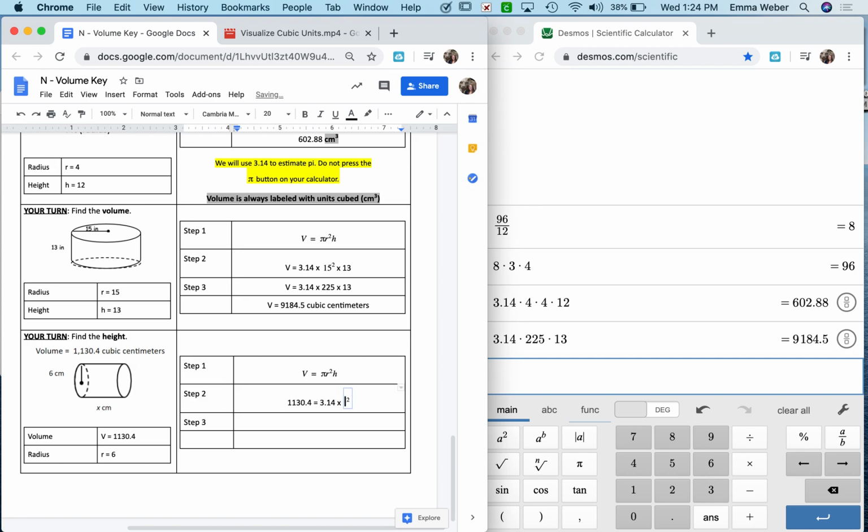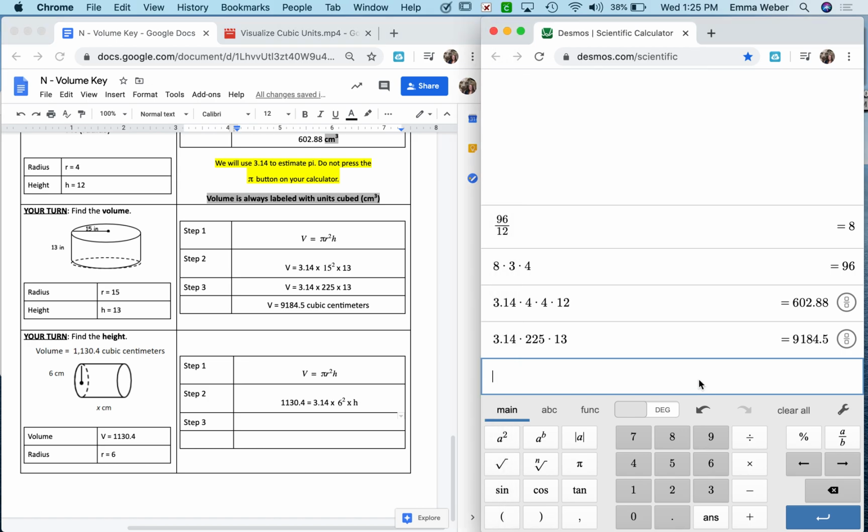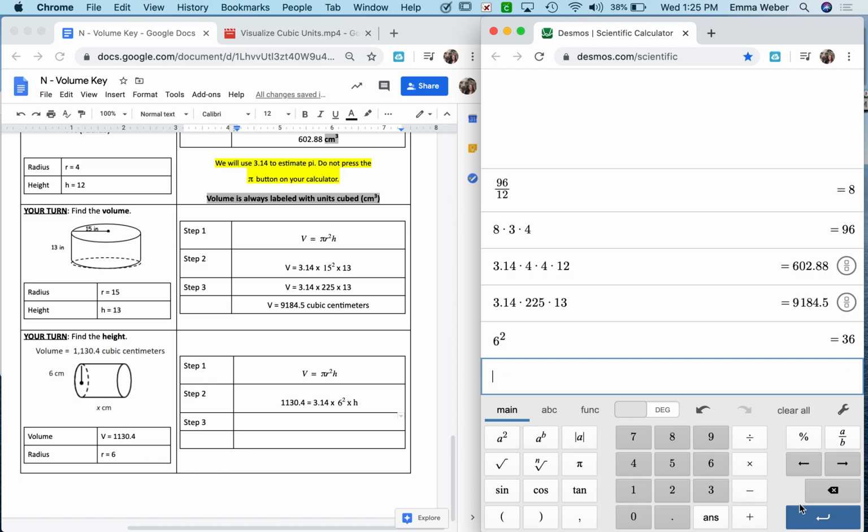So we would plug it in like this, so 6 squared, and then times our height, so times h. Now we don't know h, so we're leaving it as that variable that we're going to solve for. So what you can do here, and if you haven't tried this already, to figure out what 6 squared is, you can type in 6 squared like this with that squared button and press enter, you get 36.